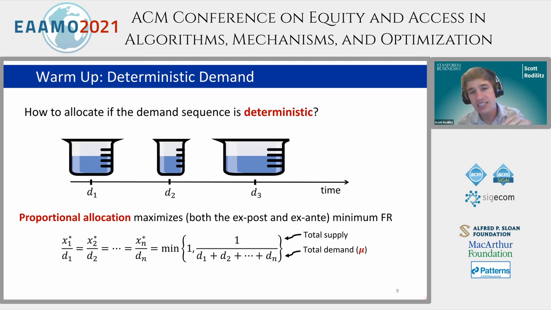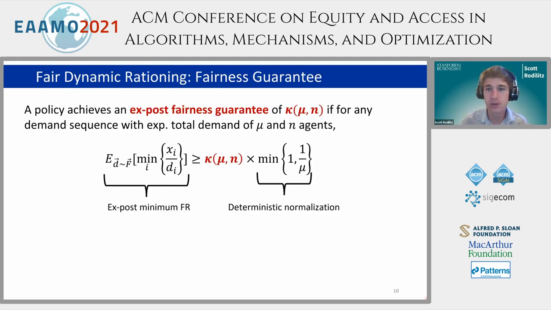Now we're going to use this in our notion of a fairness guarantee. To be precise, we're going to fix two parameters. We're going to fix mu, which is the expected total demand. Our supply is normalized to 1, so this can also be thought of as the demand to supply ratio in expectation. And we're going to fix the number of agents n. This is the number of decisions we need to make.